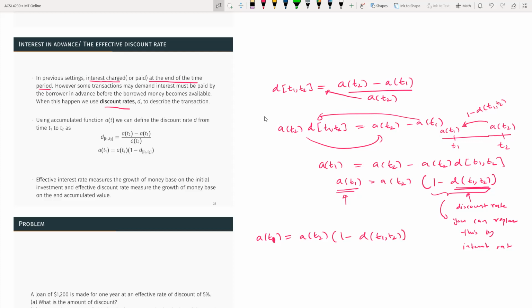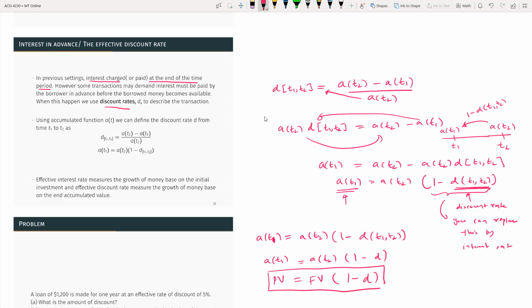If your discount rate is fixed over the time interval, you can just write this as 1 minus D, assuming that the discount rate is fixed. If you want to use present value and future value notation, you can write present value equals future value times 1 minus D. So that's another way to see this equation.